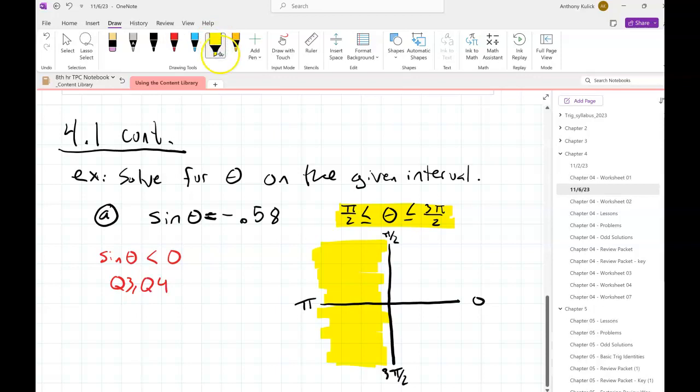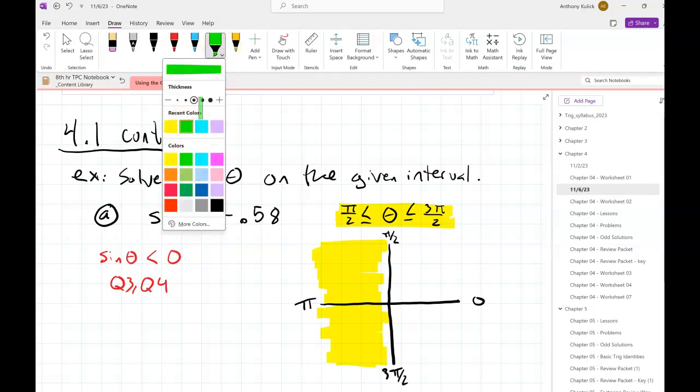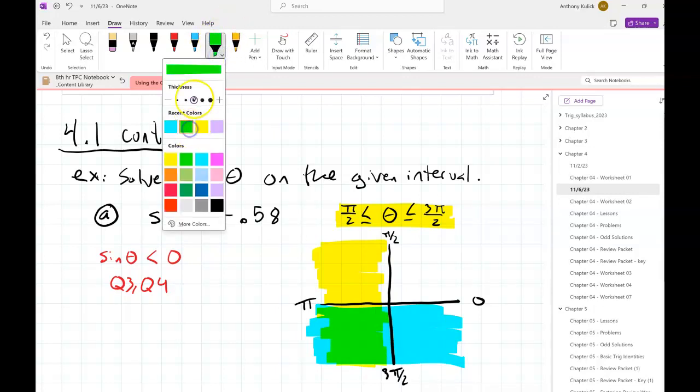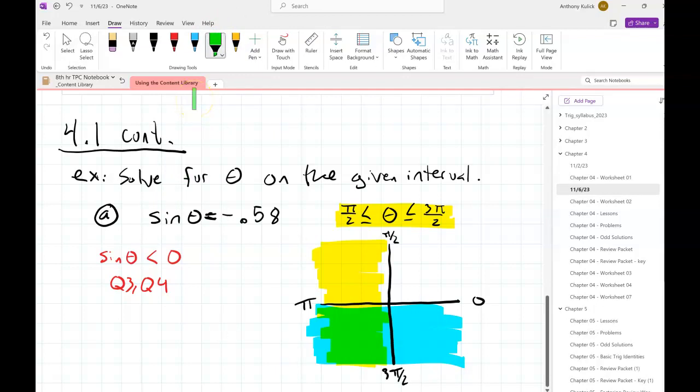So that tells me that, based on that, my answer could be in one of those two places. What is the overlap between those? Quadrant 3, right?